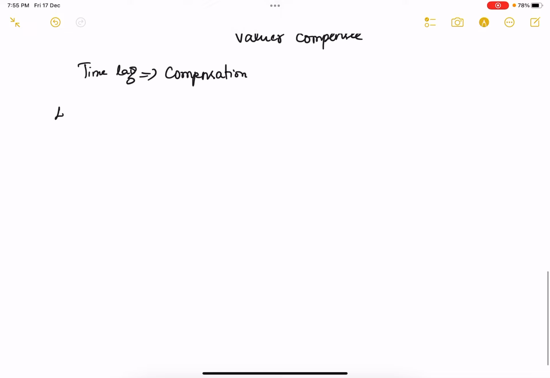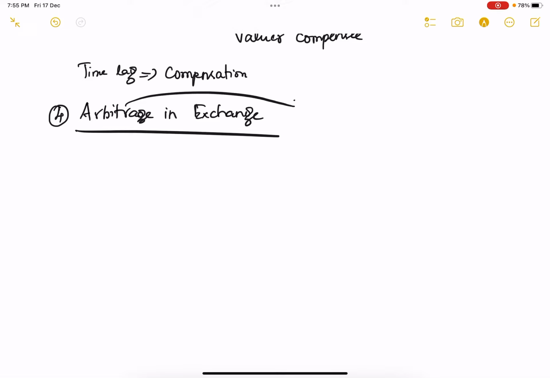Moving on, the fourth most commonly used term is arbitrage in exchange. So once you come across the word arbitrage, you just have to keep one thing in mind: buy low and sell high. Suppose I'm buying carrots in one market for a particular rate and immediately I resell the carrots in another market for a higher price. That is known as arbitrage.